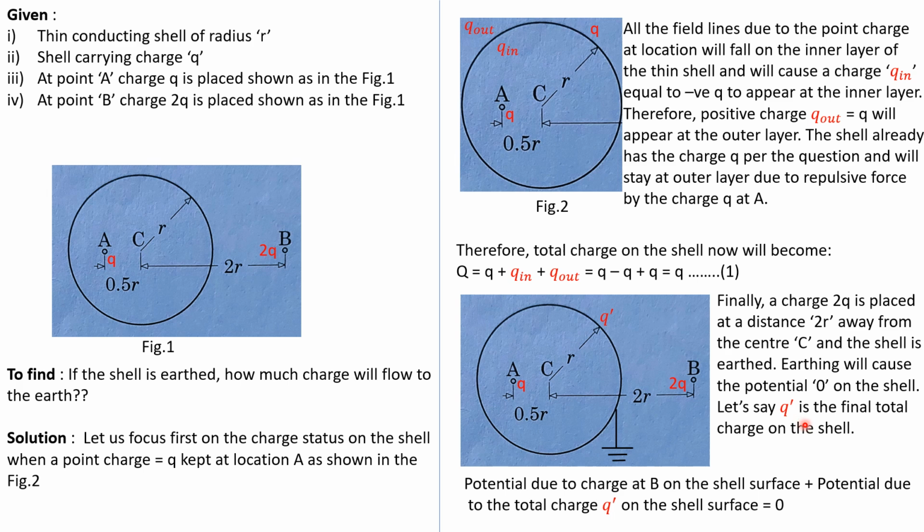So let's say q prime is the final total charge on the shell. So potential due to charge at B on the shell surface plus potential due to the total charge q prime on the shell surface will be equal to 0.